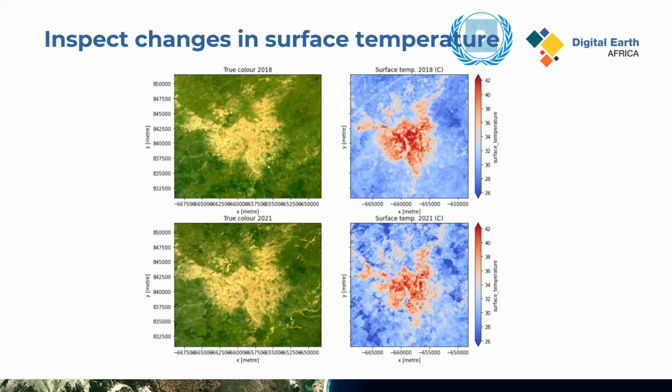So you can see what happened in terms of statistical data, in terms of temperature, that, okay, the surface temperature, the central part of Ile-Ife, what happened here, the temperature there was a little bit concentrated at the central part in 2018.